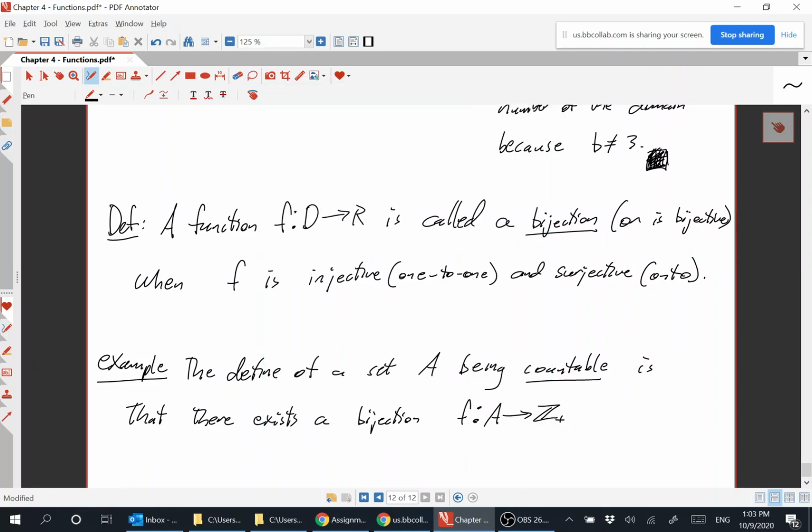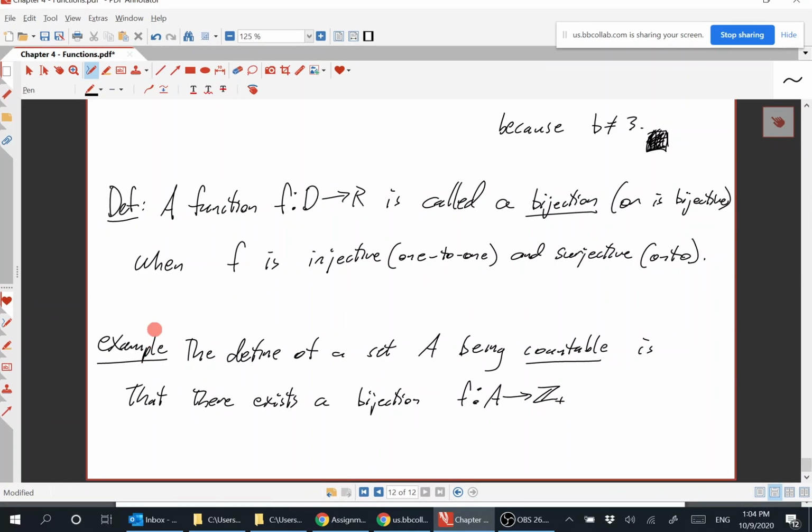There's a labeling of the set with the positive integers 1, 2, 3, 4, 5, or the natural numbers, whatever you like better. If you like starting at 0, 1, 2, 3, 4, 5. That's what it means for a set to be countable. In fancier terminology, it means there's a bijection between A and the positive integers.